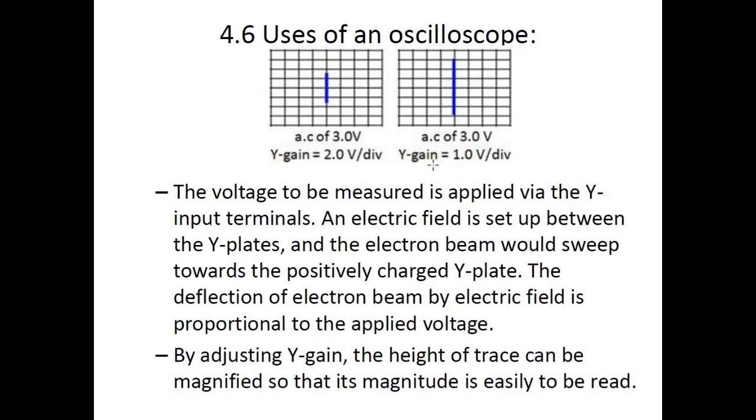Whereas when the Y gain was 1 volt per division, then from the mean line there was a line 3 divisions above and 3 divisions down, because each division represents 1 volt. So 1, 2, 3 volt, and since this is AC, minus 1, minus 2, minus 3, from 3 volts till minus 3 volts, this is the range of the AC.